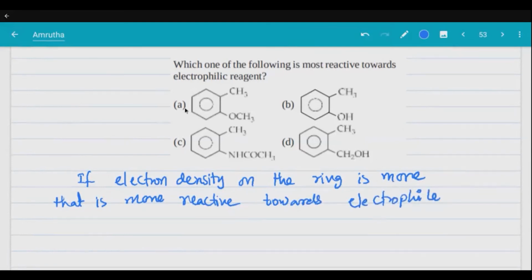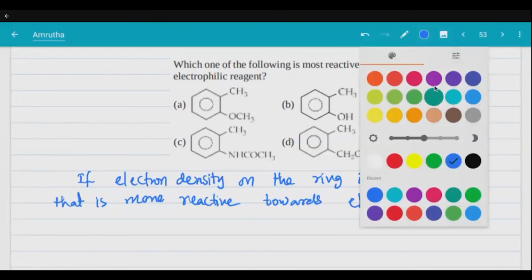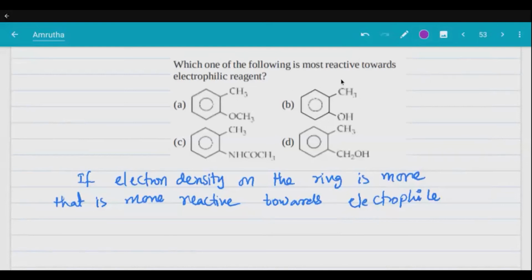Now, how do we find this electron density? See this one by one, option by option. We have 3 electronic effects. What are those electronic effects? Resonance effect, the top priority. Next, hyperconjugation, from alpha hydrogens. If there are more alpha hydrogens, there is more hyperconjugation, and more of a releasing effect.